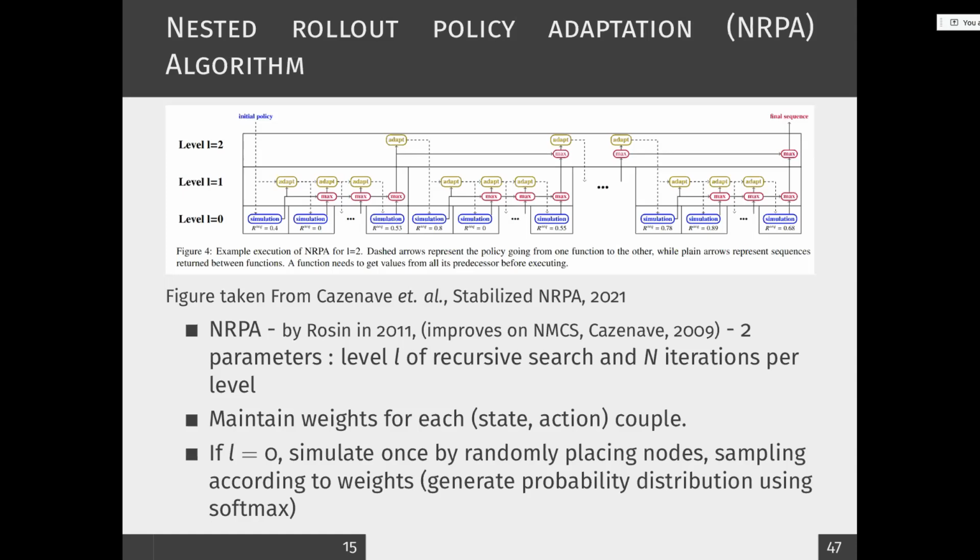And then we will do that again and again. And over time, our policy will converge towards the weights will increase for the best sequence. And so the idea will be that we want to explore close to the best sequence. We found a good sequence. Maybe there's other good sequences of actions that resemble this one.